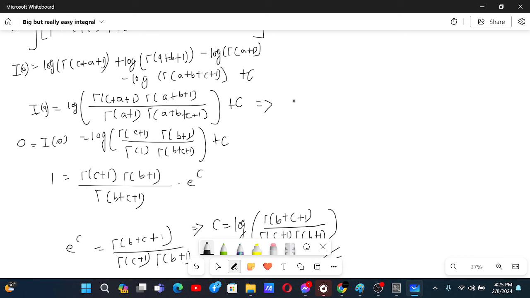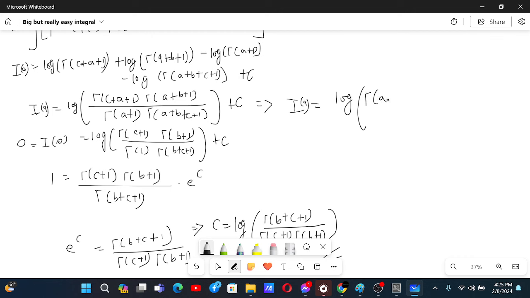Now this implies that I is actually equal to log of, if we put this over here, the inside terms will multiply due to the property of logarithms.